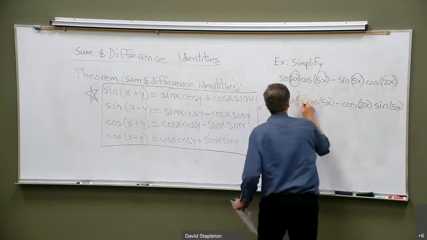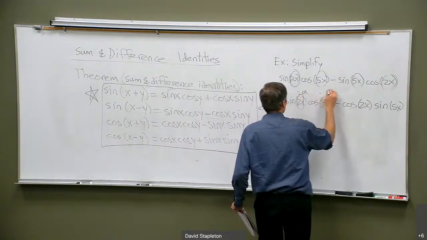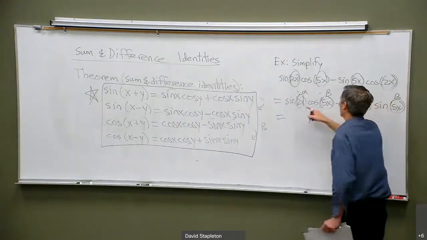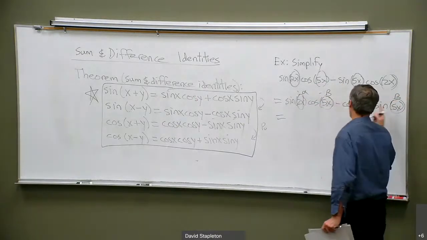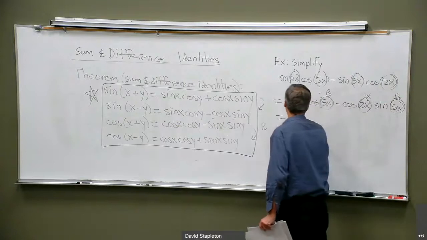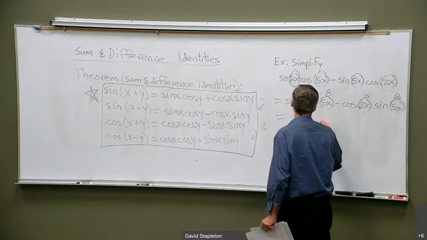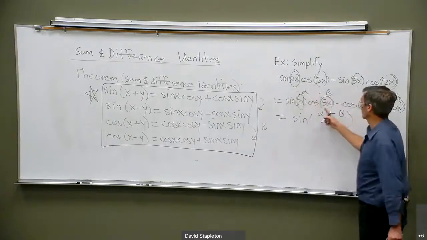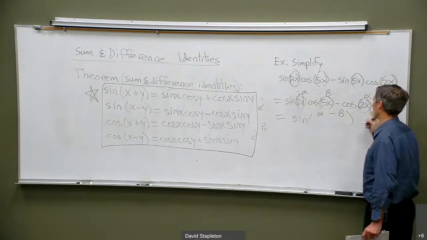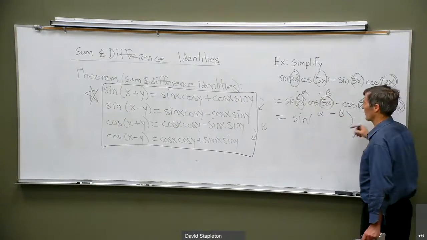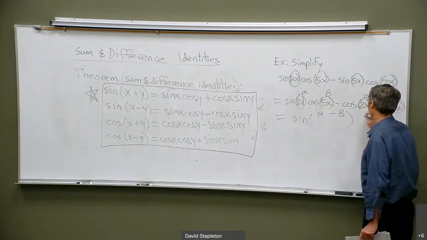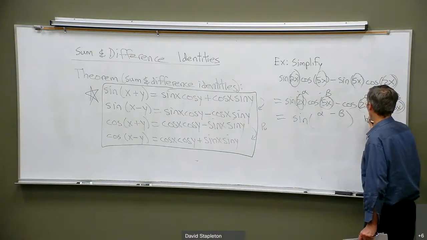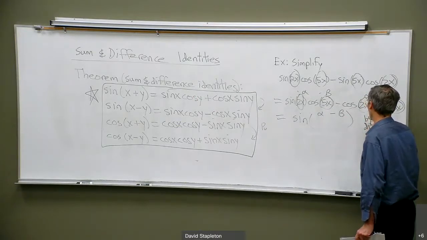So if I think of this as an angle alpha, and this is an angle beta, sine alpha cosine beta minus cosine alpha sine beta is sine of alpha minus beta, by the second one of those, the difference identity for sine.